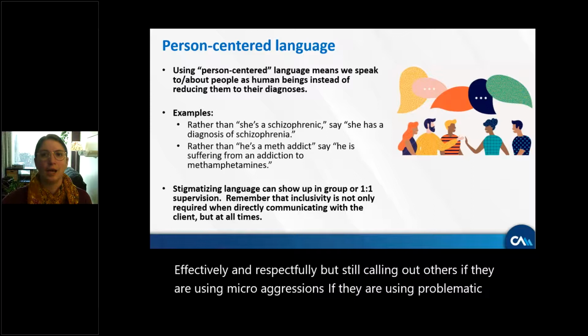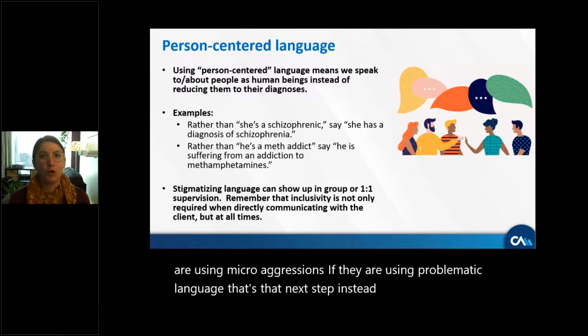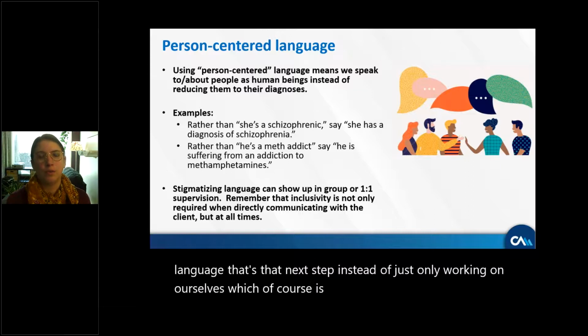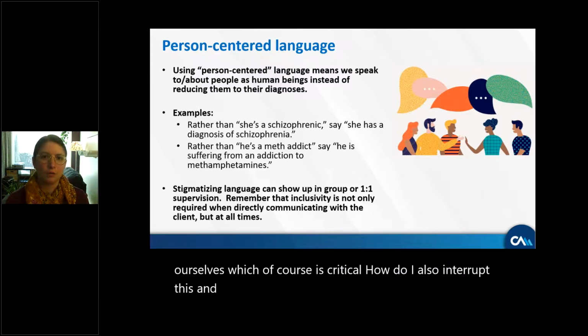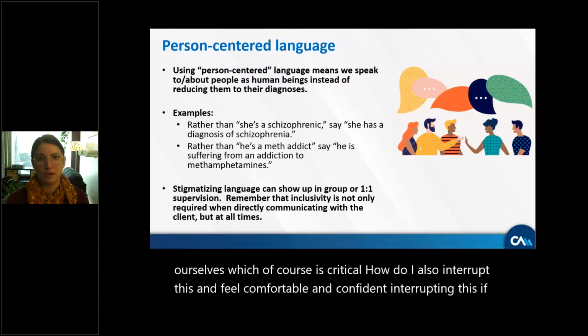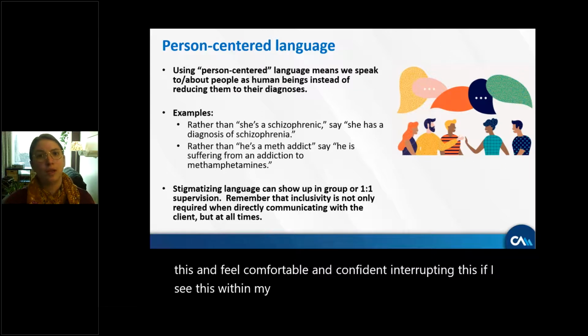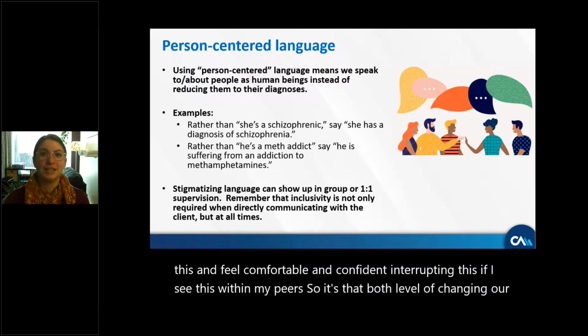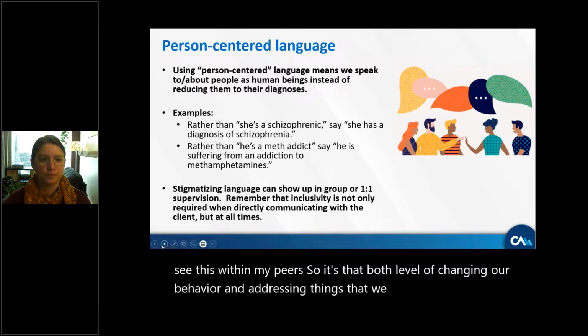That's that next step. Instead of only working on ourselves, which of course is critical, how do I also interrupt this and feel comfortable and confident interrupting this if I see this within my peers? So it's both changing our behavior and addressing things that we see around us.